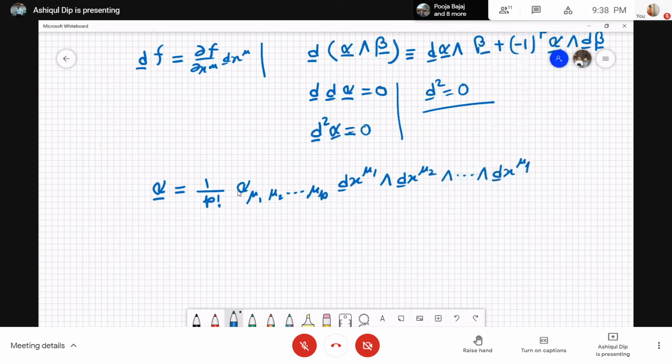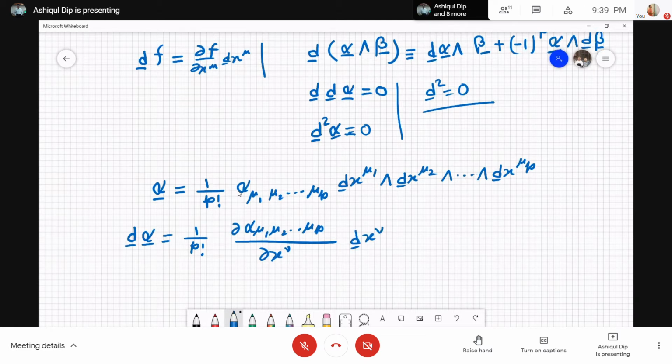Then d alpha is 1 over p factorial, partial alpha mu1 mu2 up to mu p by partial x nu, dx nu wedge dx mu1 wedge dx mu2 up to wedge dx mu p. That's the definition of d alpha.